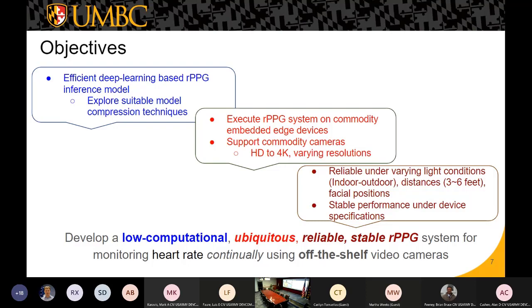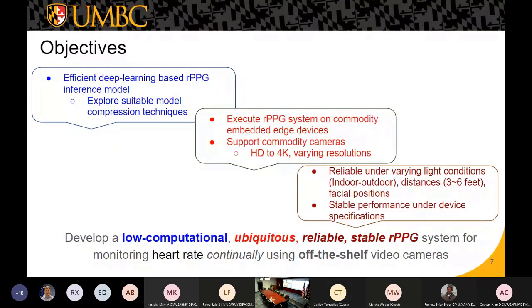And finally, reliable. Since we are dealing with heart data, we do not want to give any wrong impression, like it's always showing, oh, your heart is good, but maybe that's not true. We do not want to infer any wrong information, and there is an ethical concern with that. I don't want to build a model that always says your heart is good or your heart is bad. So this is not how it should be.